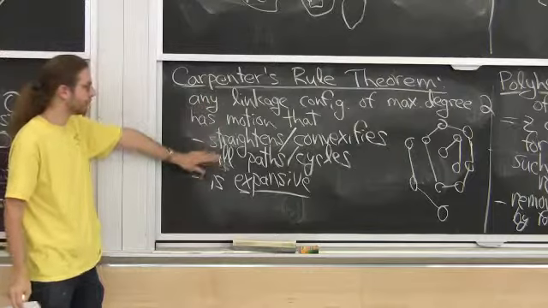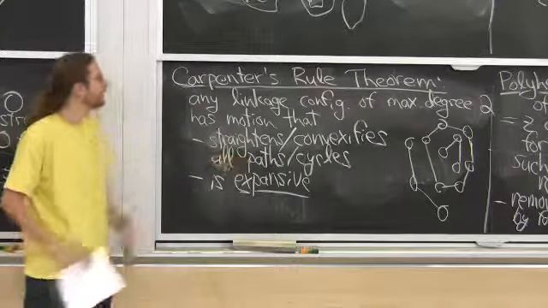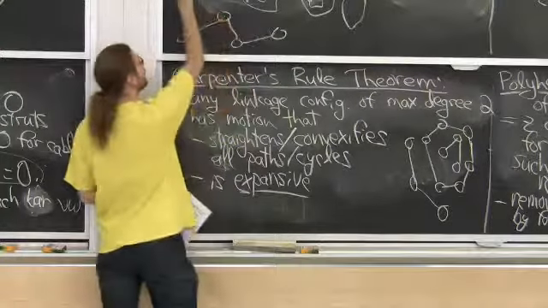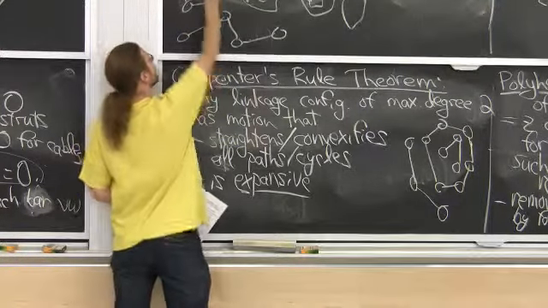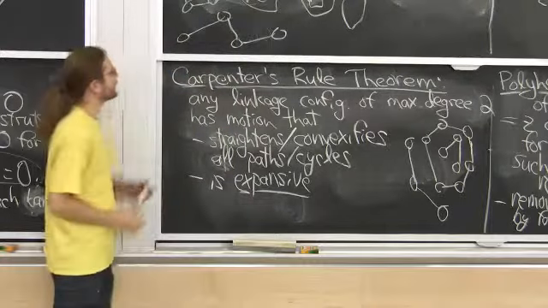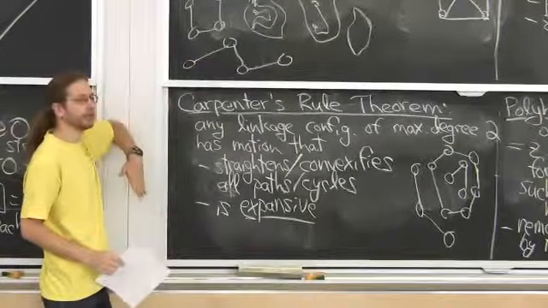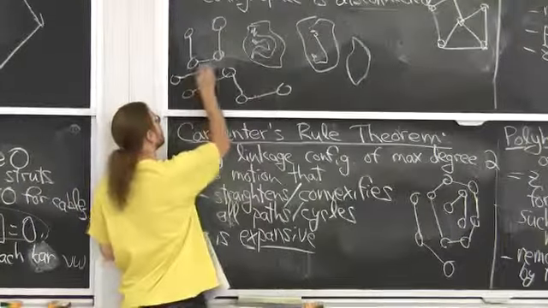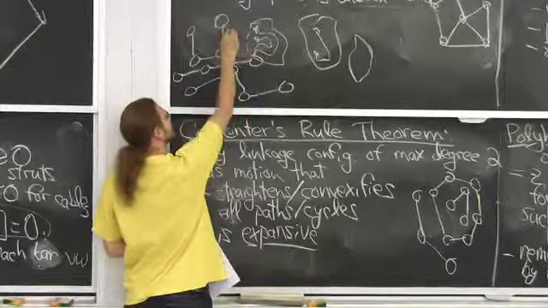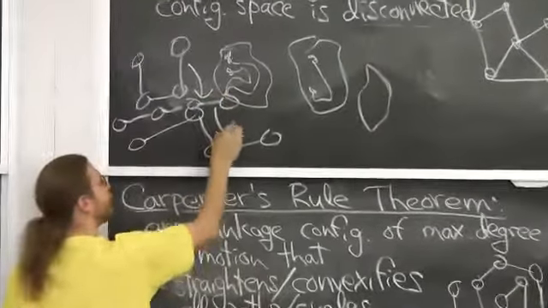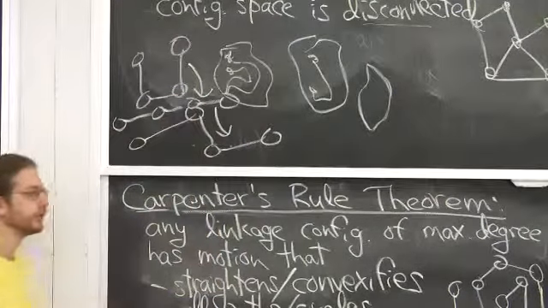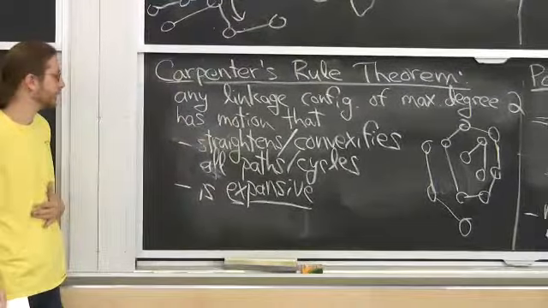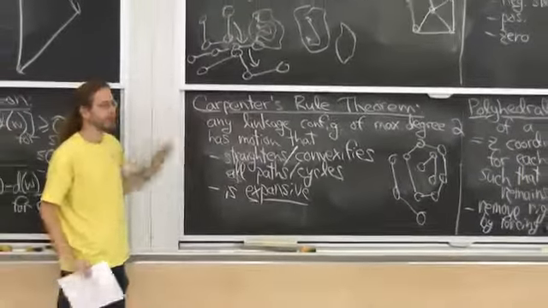It doesn't quite imply it the way I've worded it, but for example, for paths, I take some path. I want to know, can I get from this configuration to some other configuration? Well, I could take this one, find a motion that straightens the chain. I could take this one and find a motion that straightens the chain. And so here I've drawn it straight. I take this motion, I apply it forwards. I take this motion, I apply it backwards, and I get from here to here. So if I can straighten all the chains, all the paths, I can definitely get from anywhere to anywhere.